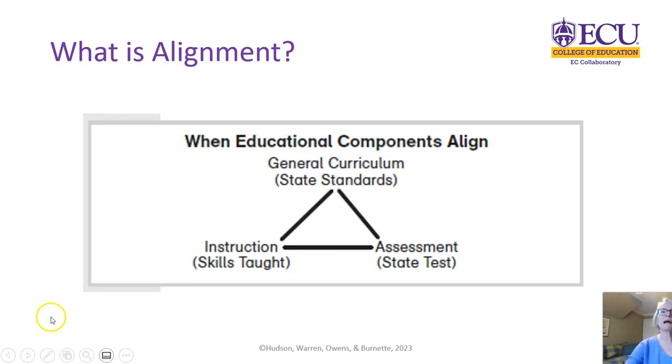So what exactly is alignment? What are we talking about? Well, first let's look at the individual components of alignment, and then we'll consider how they relate to each other. For us who teach students with extensive support needs, the general curriculum are the extended content standards that are linked to the general curriculum standards.